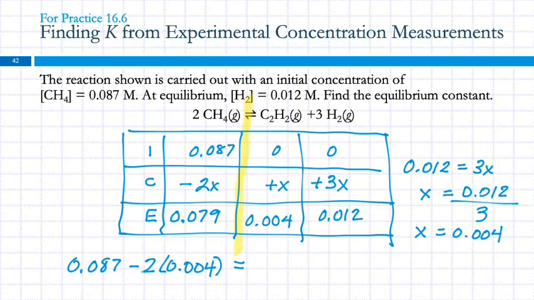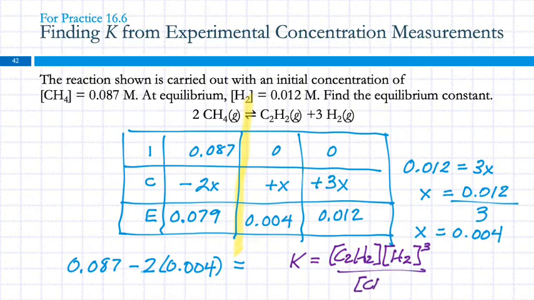And then we have to calculate the constant, right? K equals C2H2 times H2 cubed over CH4 squared.